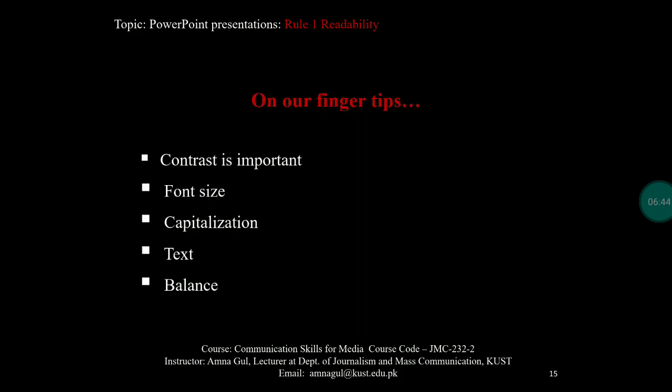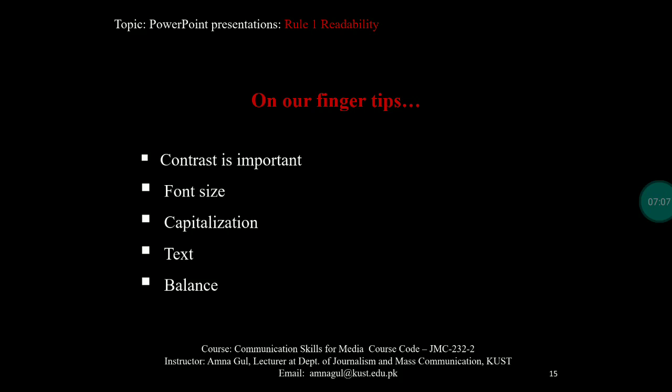Now, revisiting rule 1 that we just went through, it was about readability, how to make PowerPoint presentations easier to read. So the 5 points that we have covered are, number 1, contrast is important. If there is a light room, the text has to be dark.